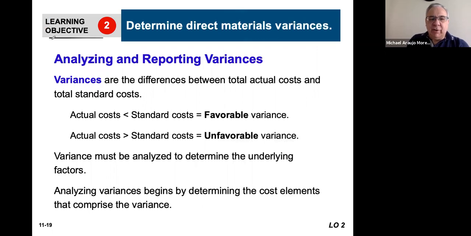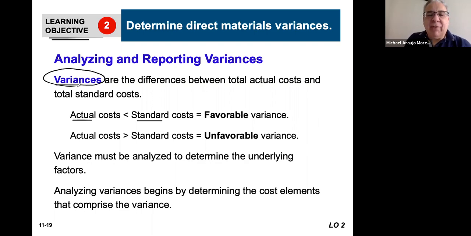So now that you know how to calculate standard costs, we can actually compare standard costs to what actually happened. We call that actual costs. The difference between actual costs and standard costs is what we call a variance.